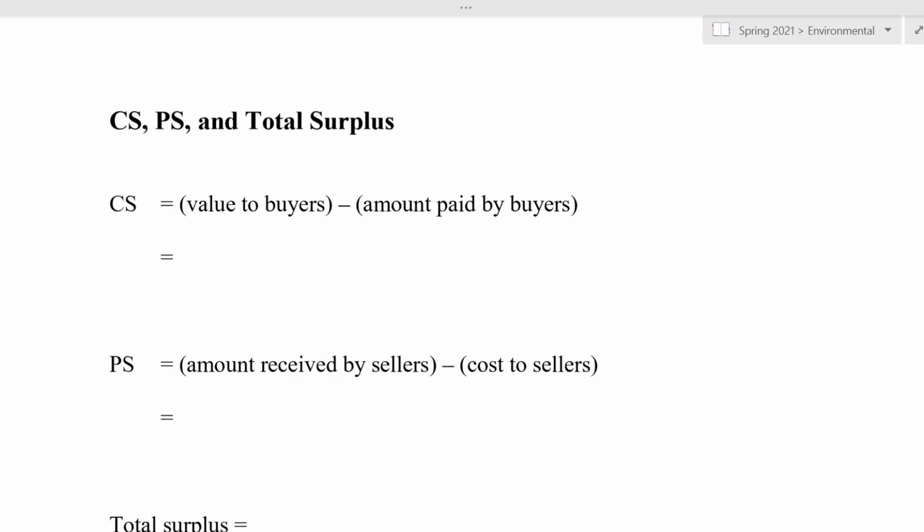So remember, ultimately we have consumer surplus, which was the value to the buyers, their willingness to pay, minus the amount they paid, which was the price. Another way we can think about that is the value that they have minus the amount they paid.